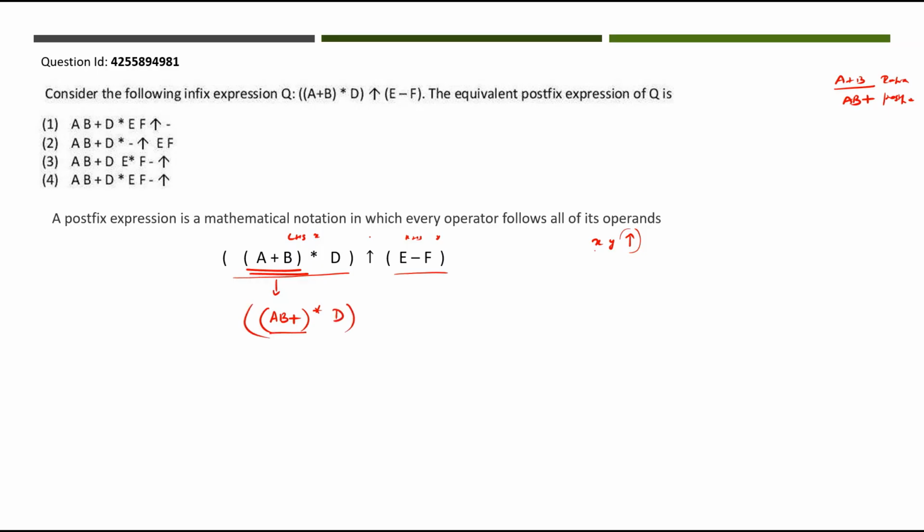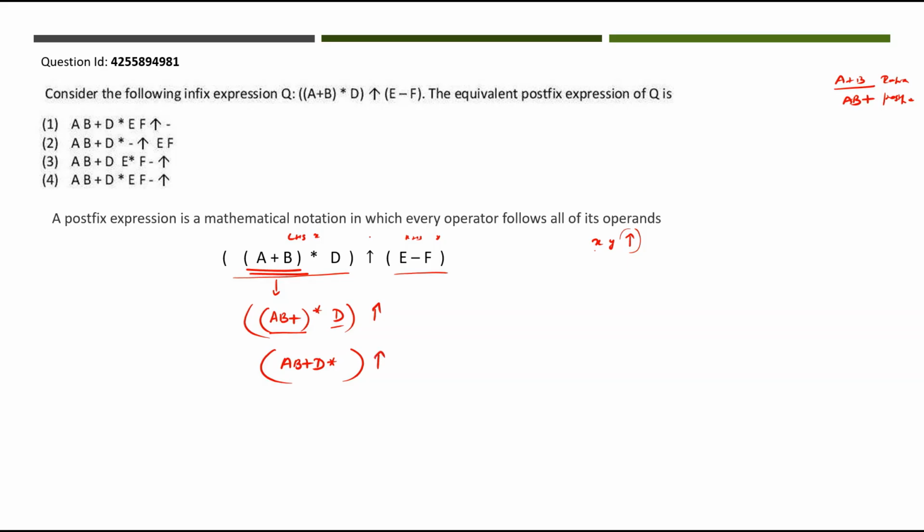Now this is one operand and this is one operand. You have to bring the operands to one side and then the operator outside. So this will be AB plus left side operand, then the right side operand will be D, then the operator star will be followed. So this is left side operand for the exponent operator now.